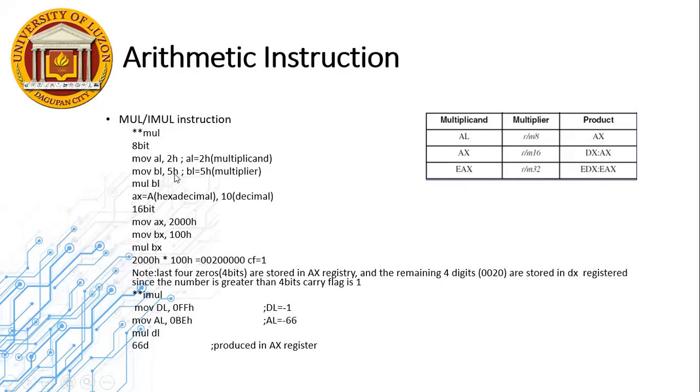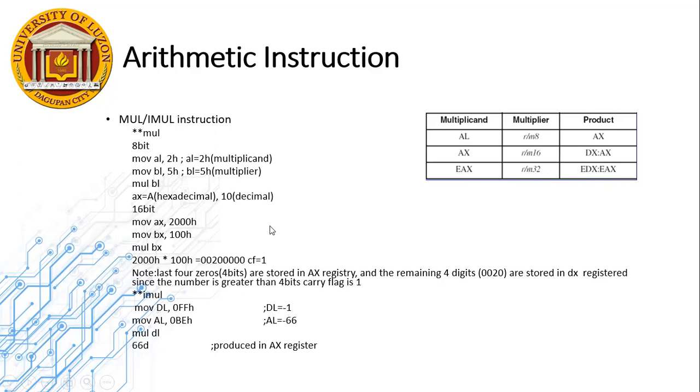Since we are using a radix, which is H for hexadecimal, the returned value will be A. So A in hexadecimal, but if you convert it to decimal, it will be 10.